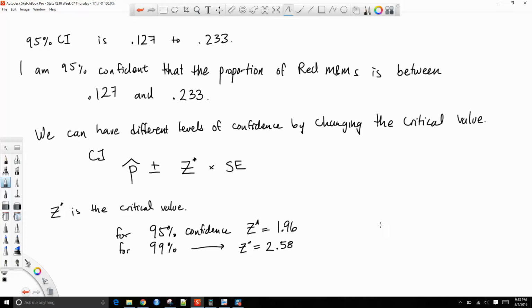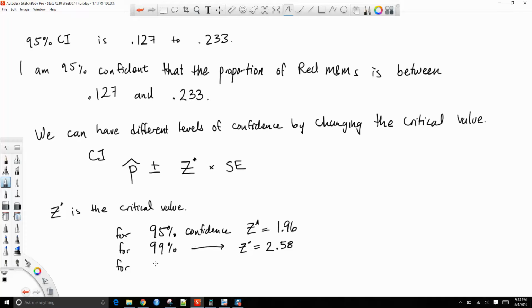They come from the normal table. If you look up 0.995, meaning you'll have 99% in the middle because you've got half a percent on either tail, you get z star equal to 2.58. So that creates a wider interval, right?